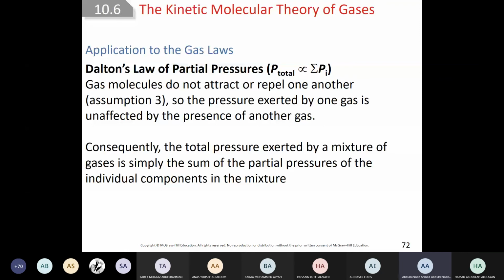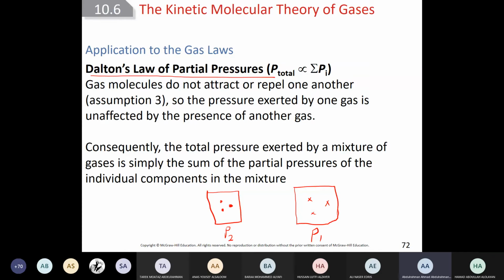And Dalton's law. Why is Dalton's law applicable? If you have a container with only X gas, it will have a certain pressure, P1. If we have only O gas, it will have P2.